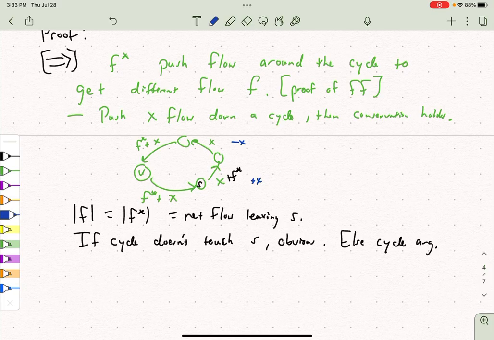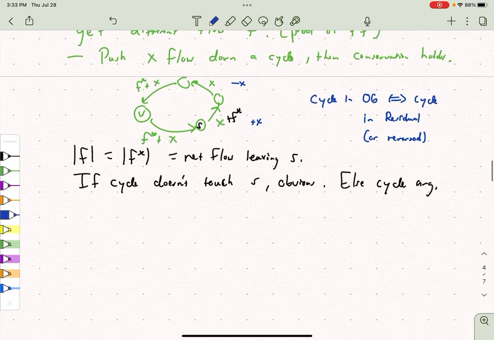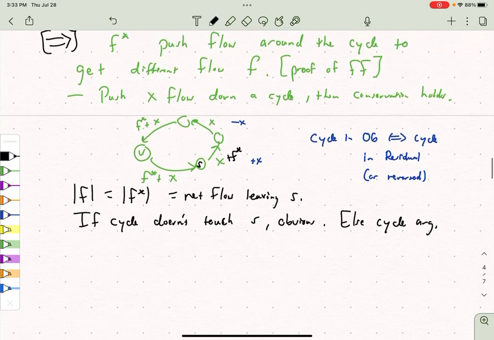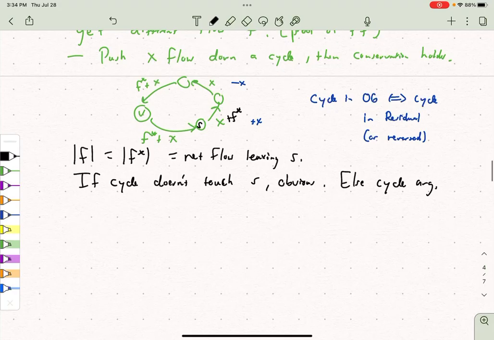So things in the residual aren't exactly the same as things in the original graph, but for this specific case, the cycle in the original graph corresponds to a cycle in the residual, or reversed. Either way, it's still a cycle. So this part's easy. We just take the original flow f star, push flow down some cycle, and we get a different flow that's also maximal.